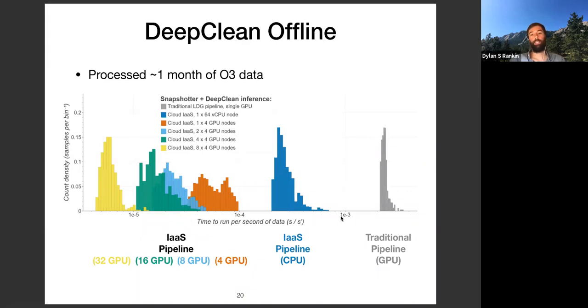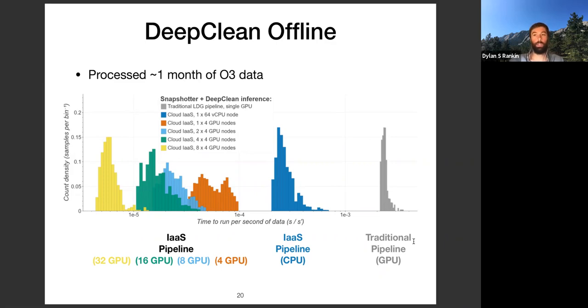The x-axis here is the time it takes to run per second of data that you're processing. The y-axis is in how many cases you had that particular time to run per second of data, for a bunch of different configurations. The right is what we call the traditional pipeline. This is on LDG, with a GPU.